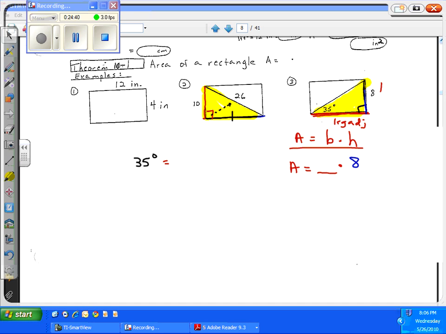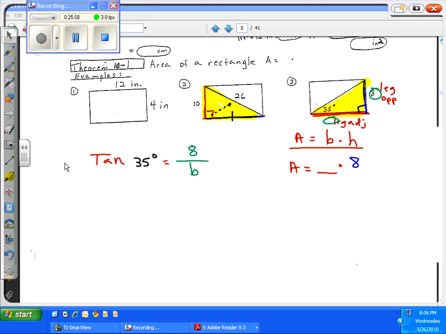The 8 is the leg opposite the 35. Leg opposite, leg adjacent is the tangent ratio. So we say tangent 35 equals, and to set up the fraction, we do what the tangent ratio says: leg opposite, 8, over leg adjacent, which is the base of our triangle.